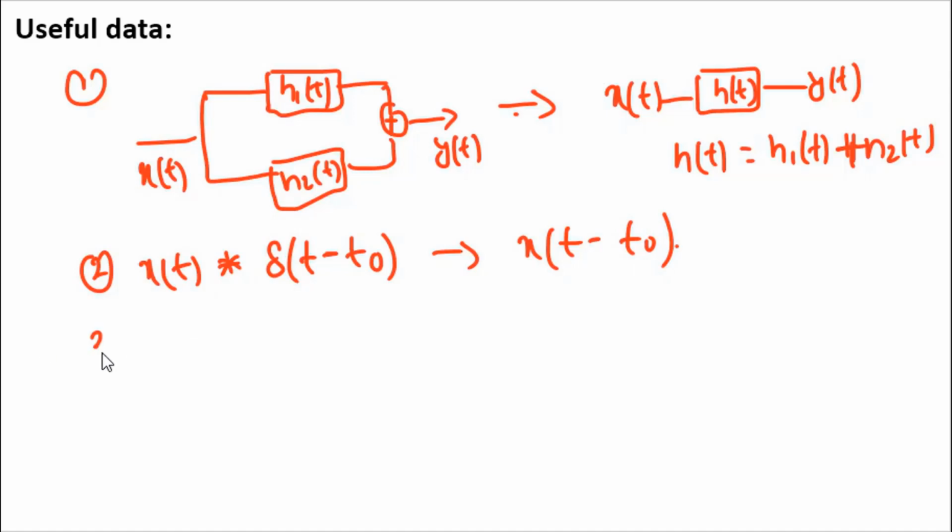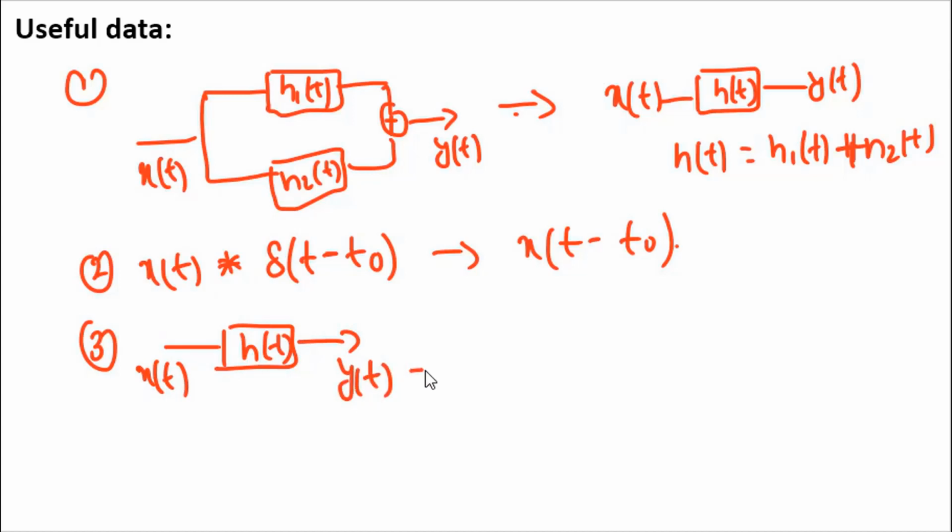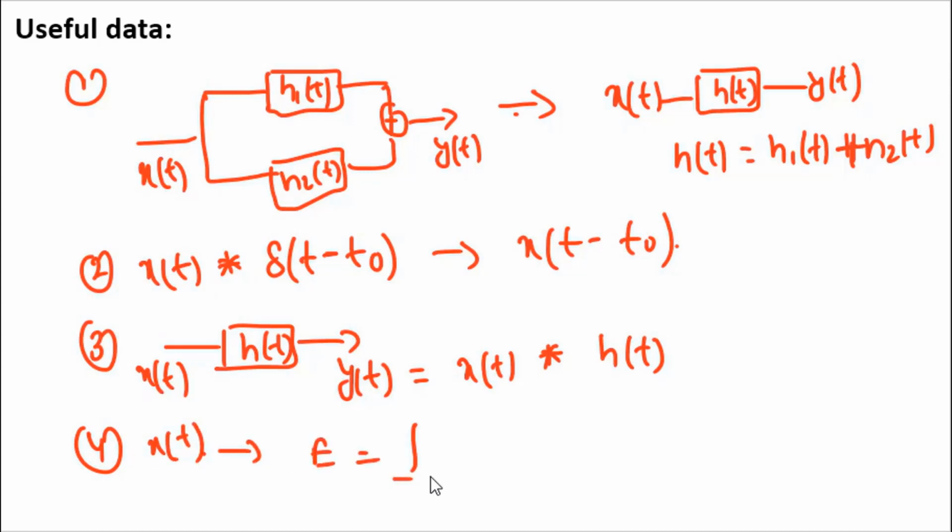Also you need to know, if you have a system whose impulse response is h of t and input as x of t and output as y of t, then y of t is given by x of t convolved with h of t, and the energy in any signal x of t will be given by E equal to integral from minus infinity to infinity of x square of t dt. So these are the sets of useful data for this question.